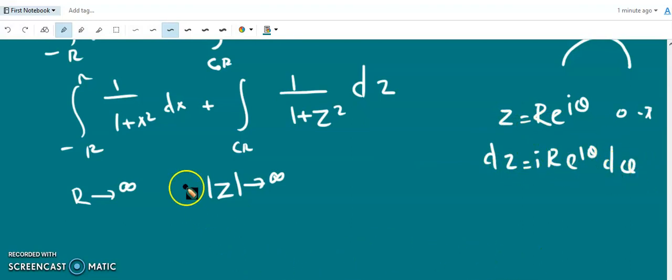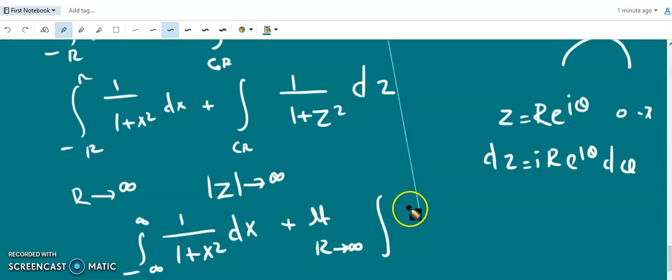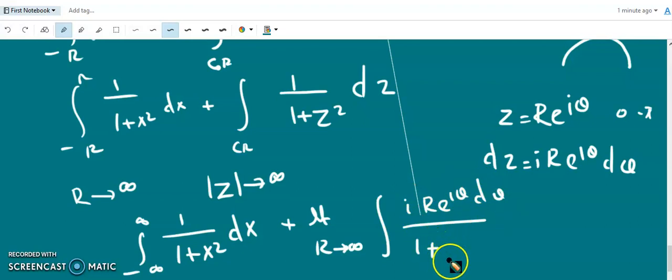So as r tends to infinity, this integral will be minus infinity to plus infinity 1 over 1 plus x square dx, and this integral is limit r tends to infinity of I r e to the power I theta d theta, over r square e to the power 2 I theta plus 1.